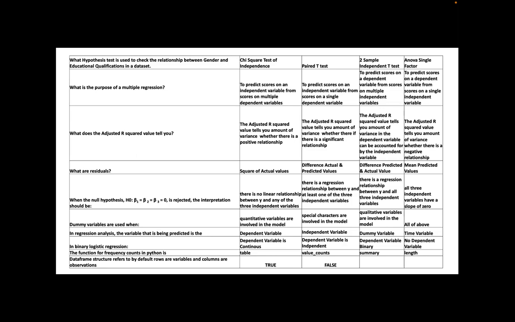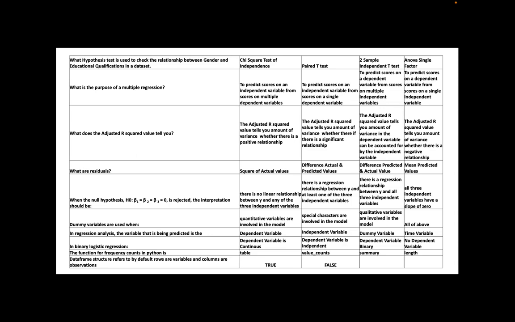Difference between actual and predicted values. When the null hypothesis B1 equals B2 equals B3 equals 0 is rejected, the interpretation should be: ANOVA test.